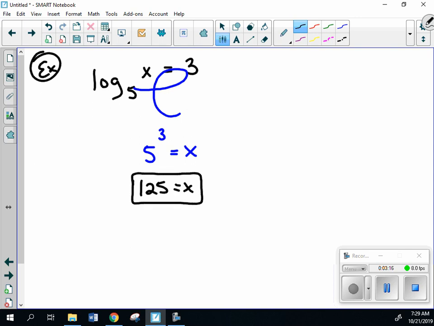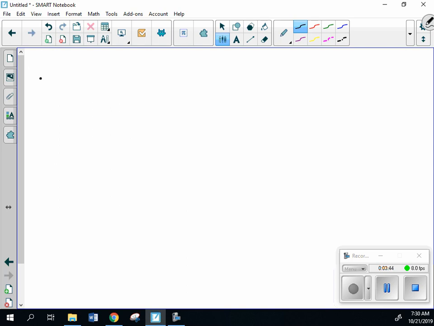Now, remember that a logarithmic function cannot equal a negative number, just as a refresher. Now, we've been working with our common bases of 10. This example, I didn't use a common base, but just switching into exponential form. Sometimes there are other types of logarithms, and remember, that is our natural logarithm.